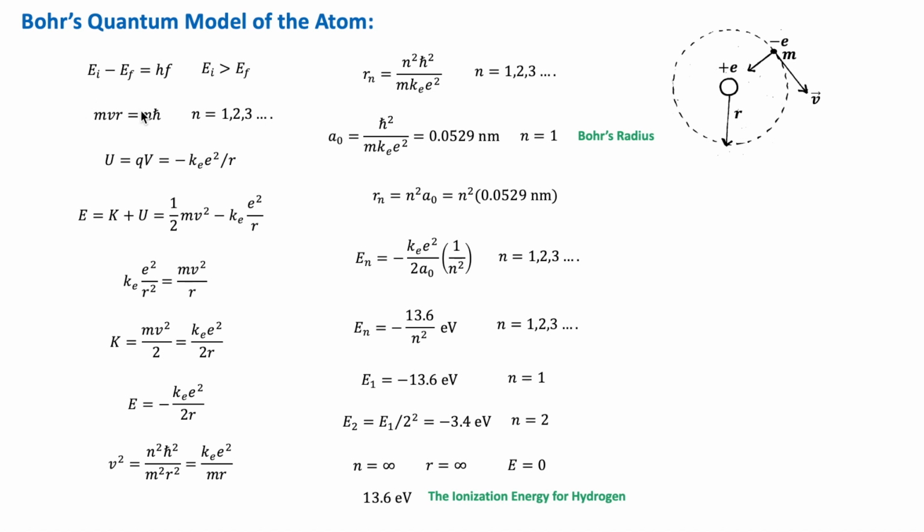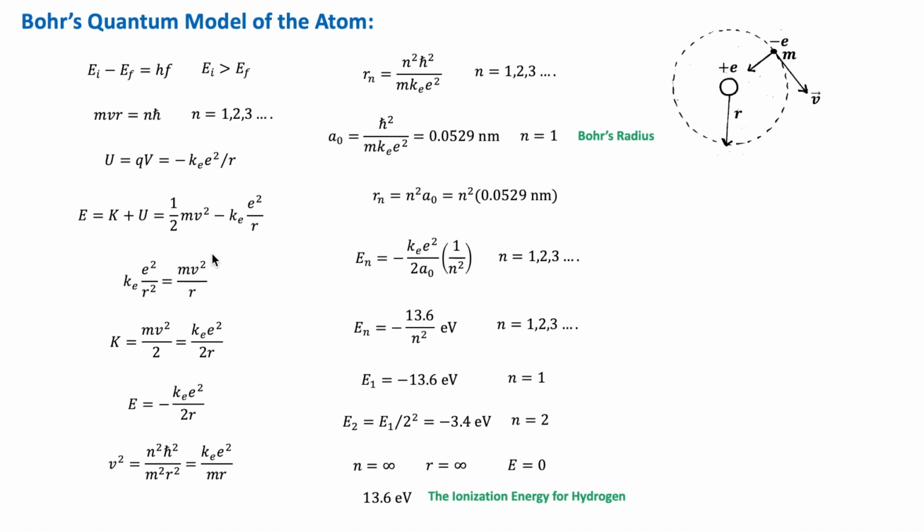Also, we have the electrical potential energy of the system given by this equation, where ke is Coulomb's constant, and this is from the attractive force between the electron and the proton. And so the total energy of the atom is given by this equation, which is the kinetic plus the potential energy.